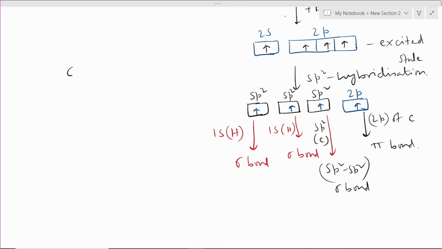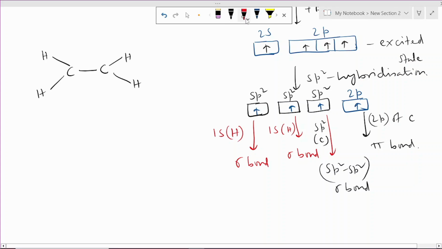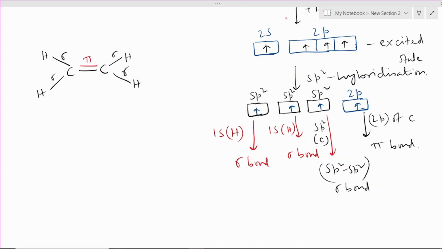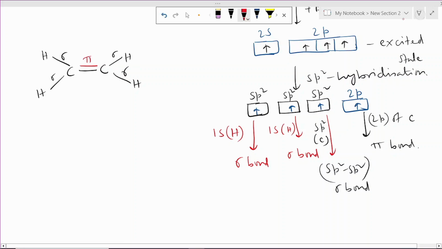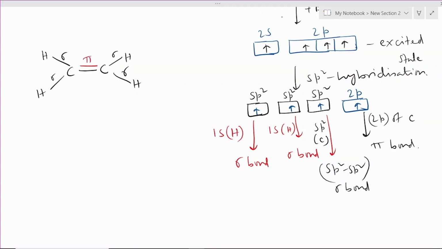So if we draw the ethylene compound, the pi bond is here. So this is sigma, sigma, sigma, sigma, and this is pi. Actually, this is sp2-1s sigma bond.